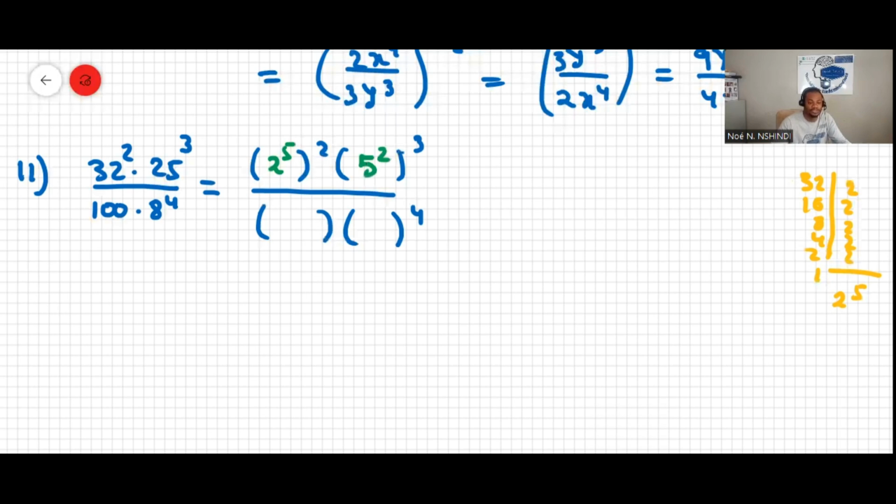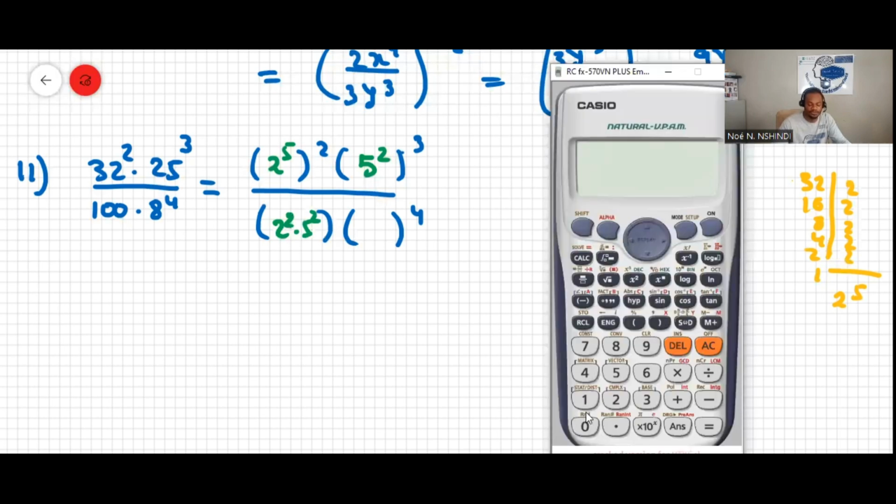And the 100 in terms of its prime factors will be 2 squared and 5 squared. You can check the calculator: you press 100, equal, shift, factor. You see, 2 squared times 5 squared. And then 8 in terms of its prime factors is 2 to the power of 3.